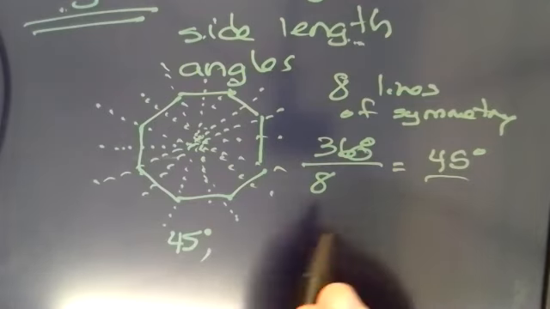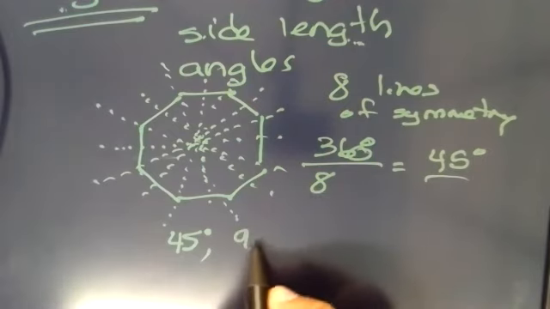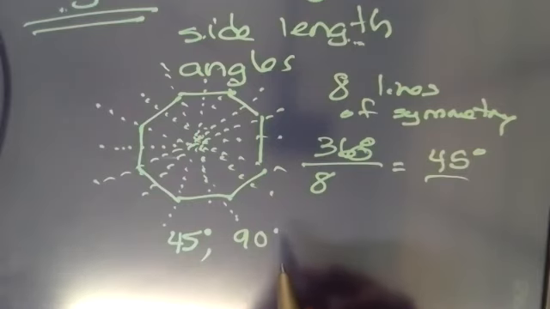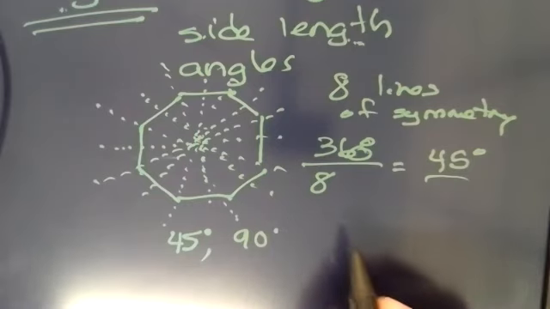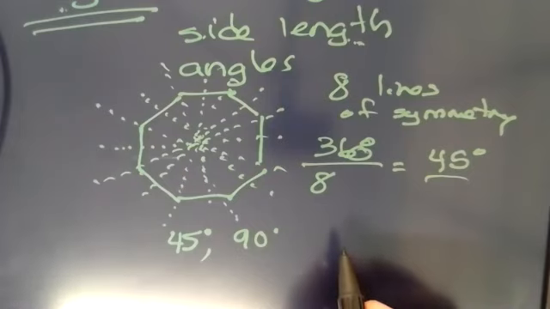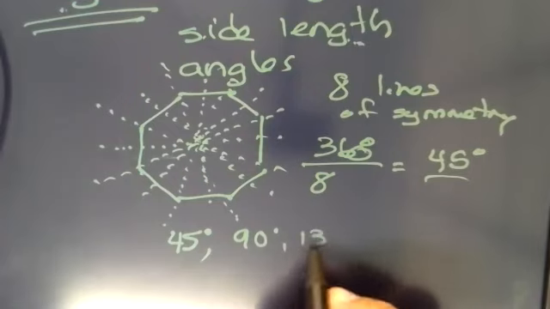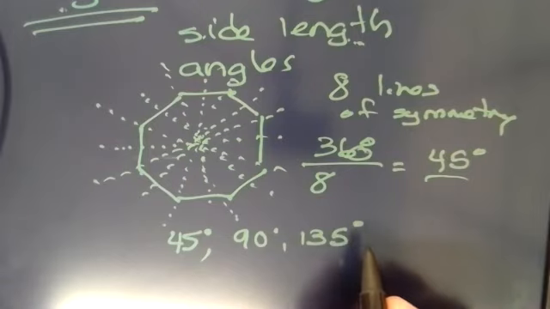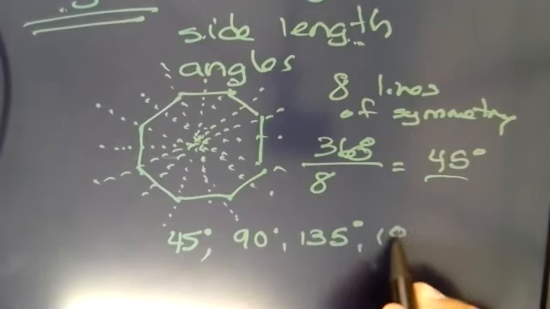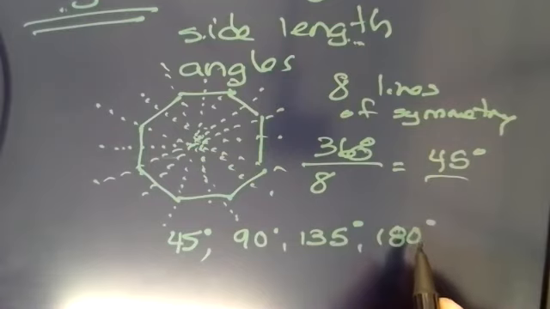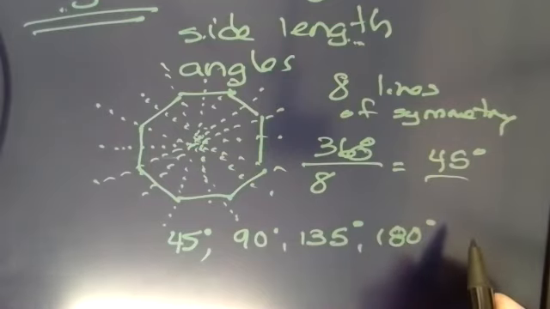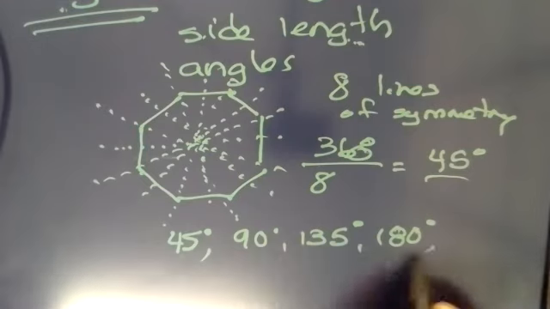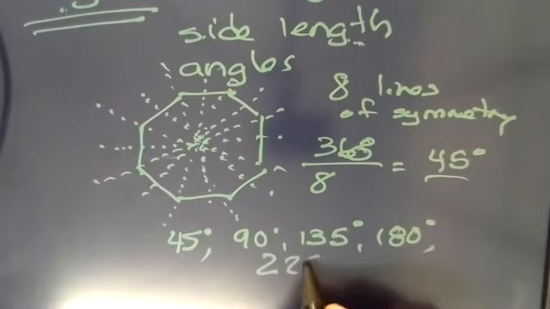What's 45 plus 45? 90. All right. What else? 135. What else, guys? Good. 180 degrees. What else? Good. 225 degrees.